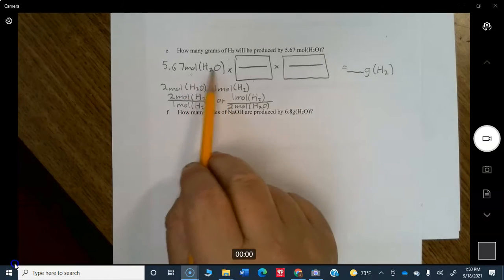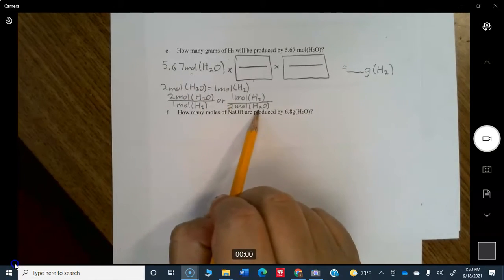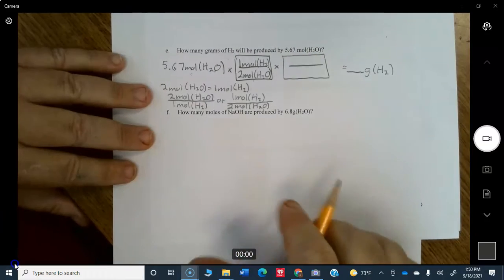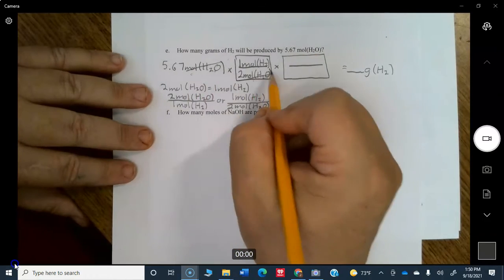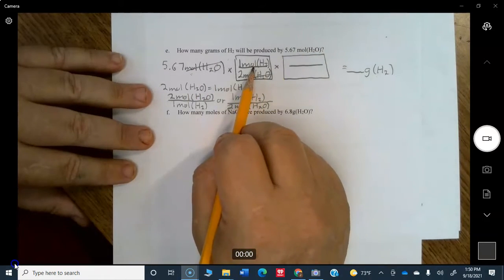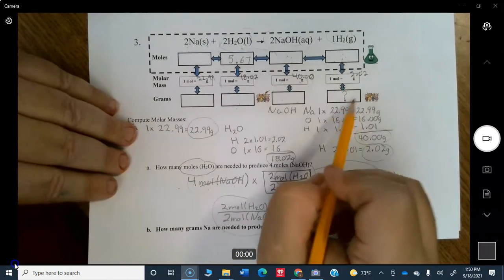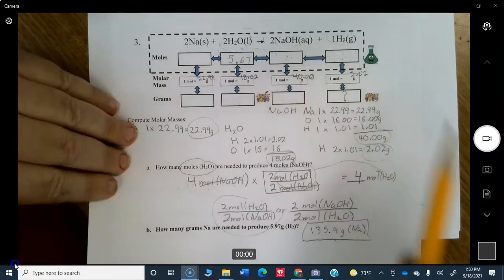You got to get moles of H2O to cancel, so moles of H2O on the bottom there is going to do that. Okay, so moles of H2O cancels, so you're sitting in moles of H2 box right there. So you went from here to there. You're sitting in this box. Now you need to come out using the molar mass conversion.